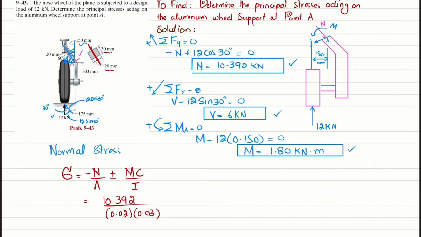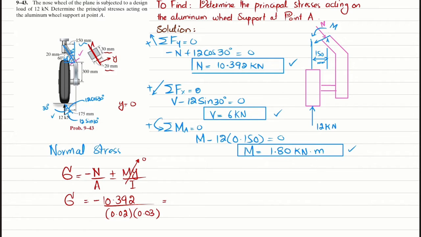So at this point A, this C is the distance from the neutral axis till the topmost, or we can also correct it and write it as y, M into y divided by I, and y is the distance from the neutral axis till any point. So this is y. Here y is equal to 0, so it means that stress due to bending moment will be 0, and we will only have this compressive stress.